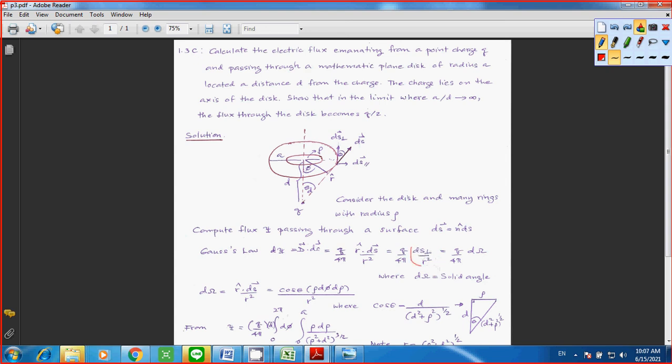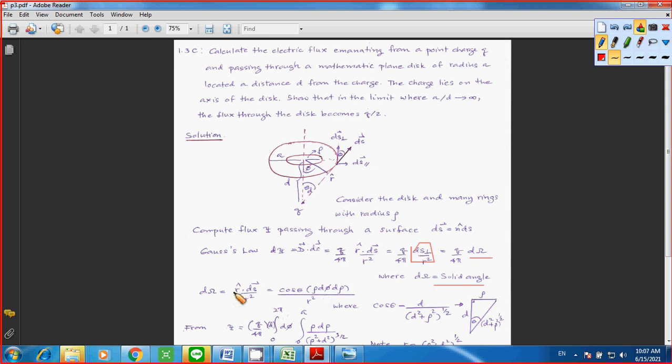And as you know, the area of the sphere or whatever divided by r squared gives you the solid angle. So that's why I put dS over r squared as the omega. That's a solid angle.